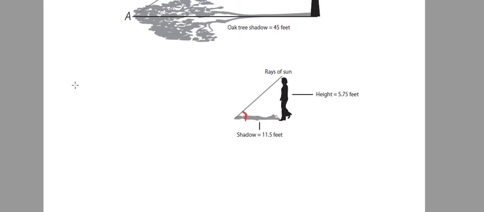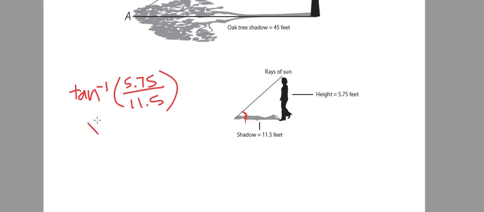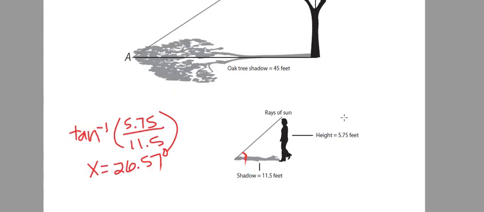I'm going to do the arctan of my opposite, which is 5.75, over my adjacent, which is 11.5. And I get that the value of that angle is 26.57 degrees.